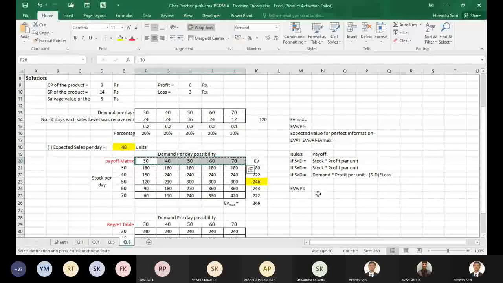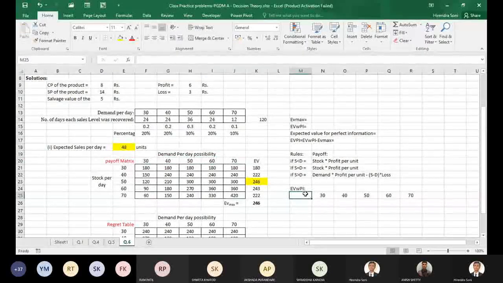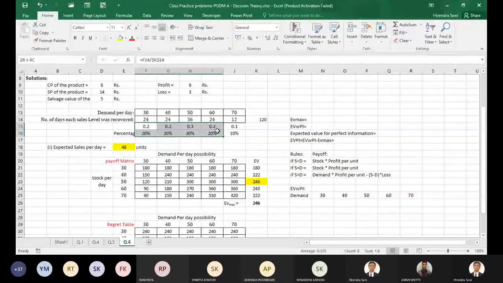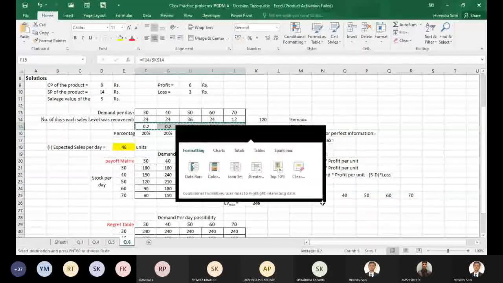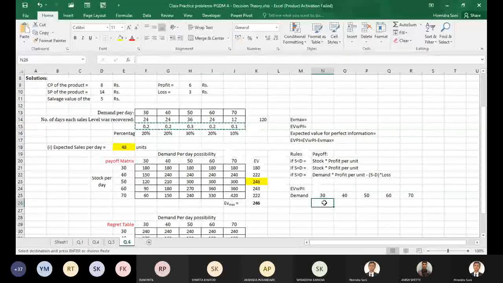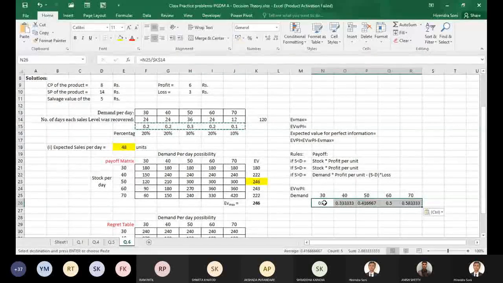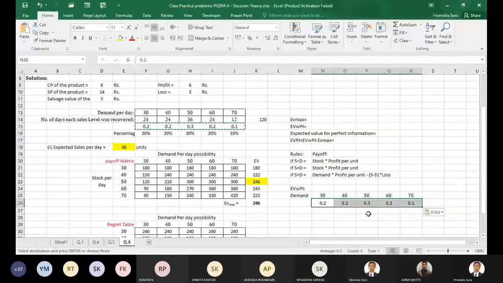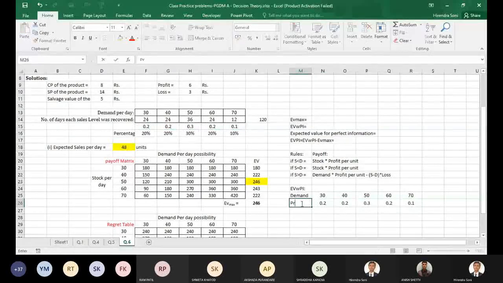This is my demand and even the probabilities are to be known perfectly. Fine. This is probability.